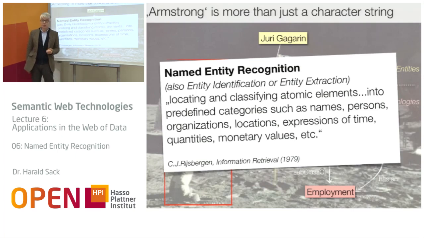And this denotes locating and classifying atomic elements into predefined categories such as names, persons, organizations, locations, expressions of time, quantities, monetary values, etc. Or even on a more fine granular level, you can map the entity directly to a semantic entity which is connected to an ontology. So not only to a category or to a classification, but to a named entity. So this is named entity recognition.